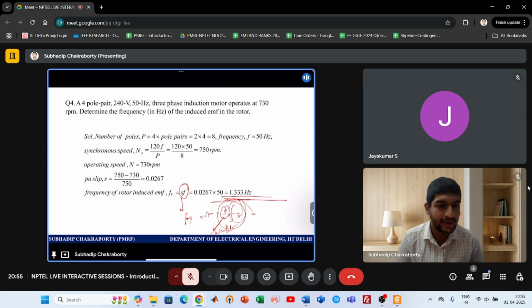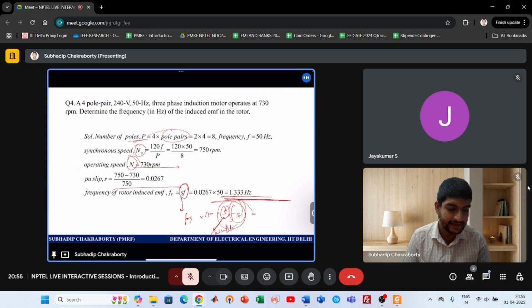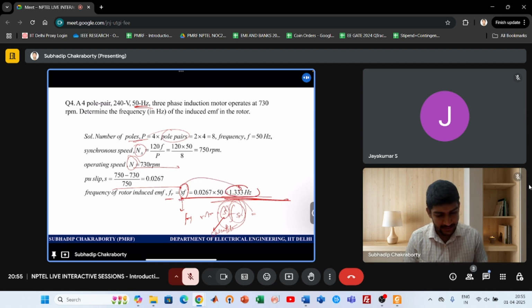Total number of poles, you calculate synchronous speed, and you know the operating speed, you calculate the slip. Slip times the stator frequency, 50 Hertz, will give you rotor frequency. So rotor frequency is a slip dependent term. Once you have the slip, you can calculate the rotor frequency. So you calculate 1.33 Hertz, right?